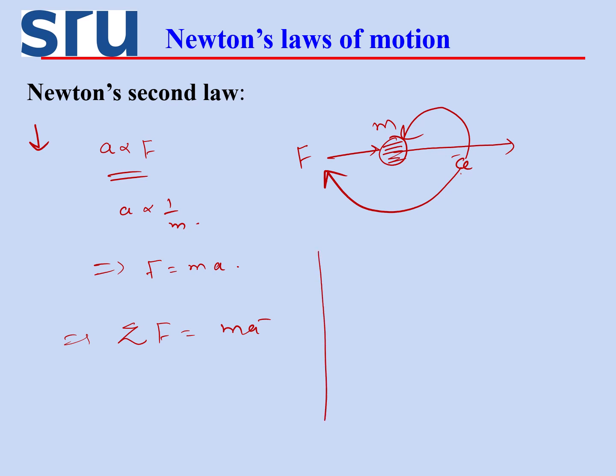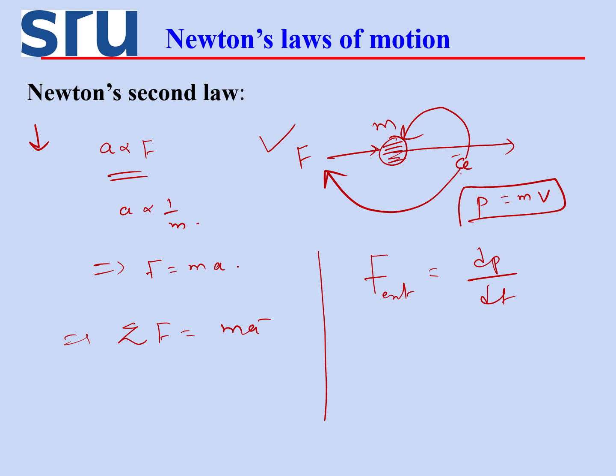Also, we can say it is the rate of change of momentum. So F external is equal to the rate of change of momentum. Momentum is nothing but mass multiplied by the velocity of the object. When we apply a force, the object comes into motion.